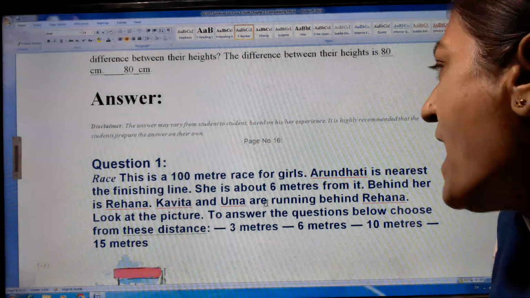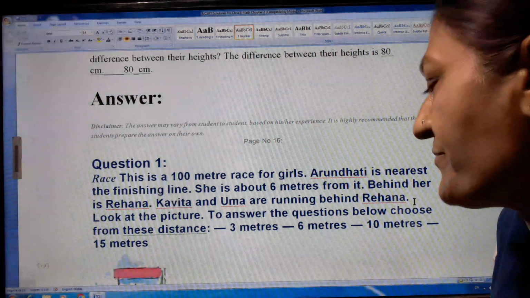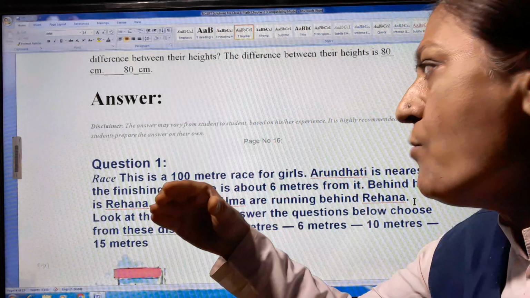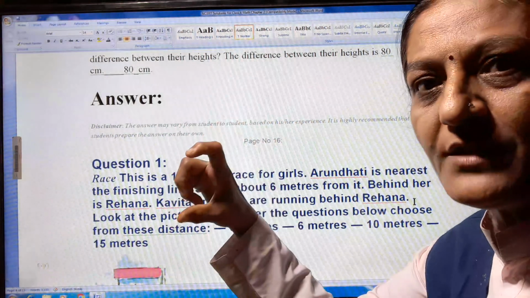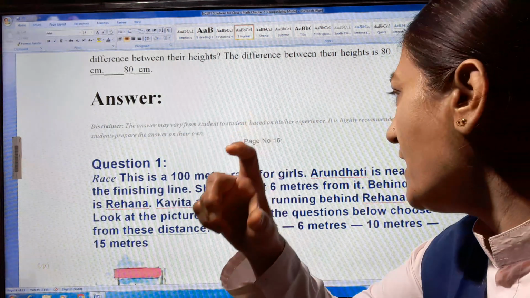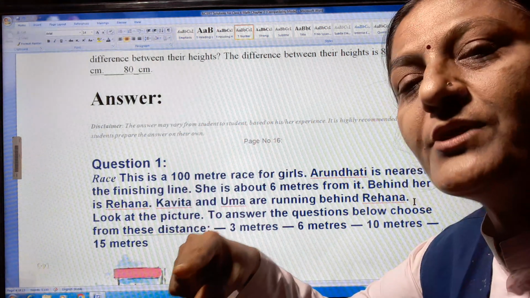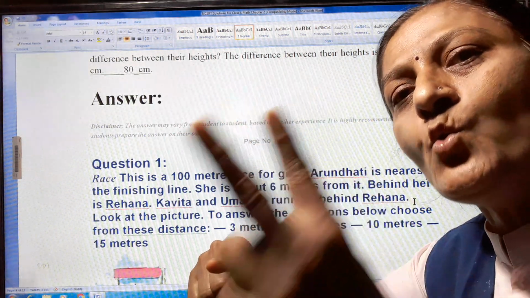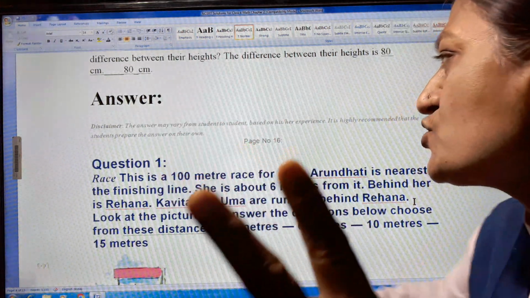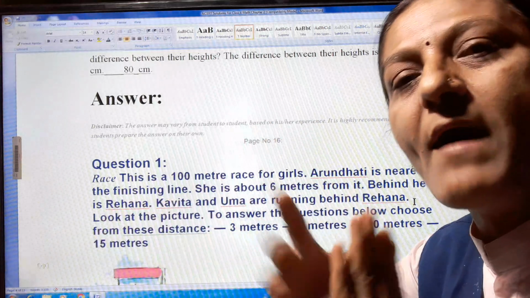Kavita and Uma are running behind Rehana, because Kavita and Uma are running together. First is Arundhati. Second, behind Arundhati, there is Rehana. And behind Rehana 2 girls are there, and these 2 girls are Kavita and Uma.